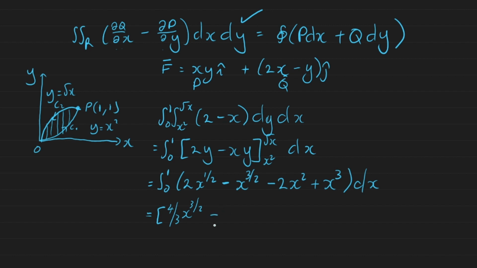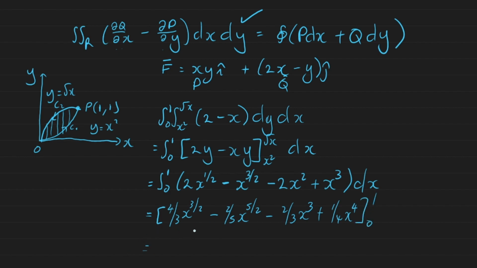Minus, same thing, the integral of x to the power 3 over 2 is x to the power 5 over 2, and 2 over 5 times 5 over 2 will give us the one that's in front. Proceeding in this manner, we get 2 over 3 times x cubed, and finally plus 1 over 4 times x to the power 4, integrated from 0 to 1.